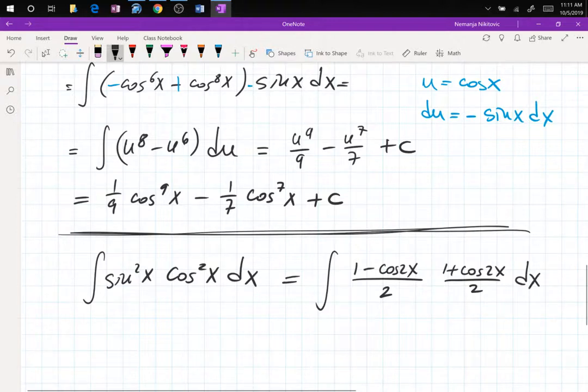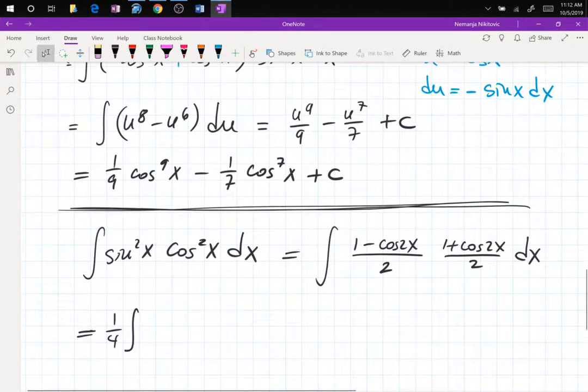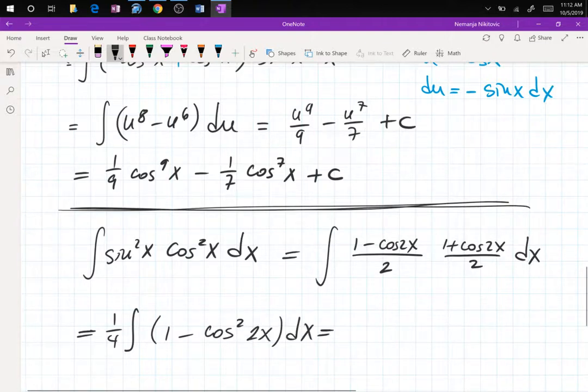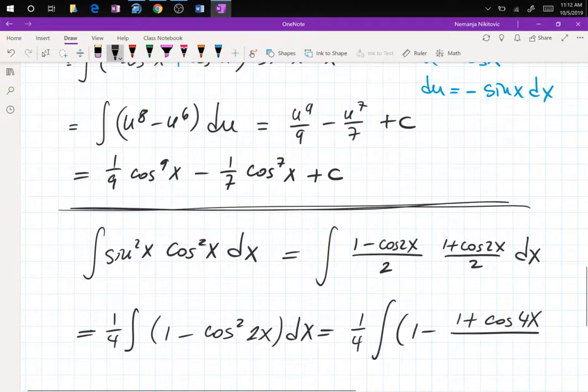And now we are going to multiply those. It kicks 1/4 in front of the integral. And then this is now a difference of squares, which is 1 minus cosine squared 2x dx. And we have to use power reducing one more time to kill that square. So it's 1/4 integral of 1 minus, and now I have 1 plus cosine 4x over 2 dx.